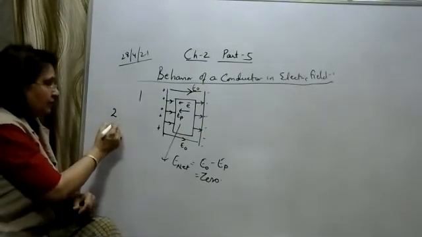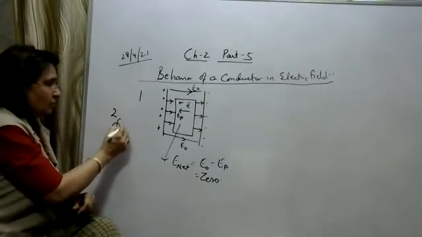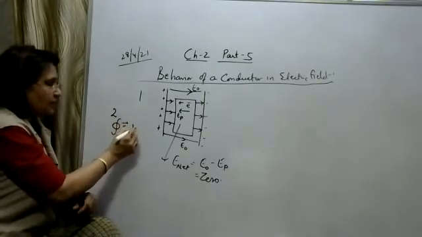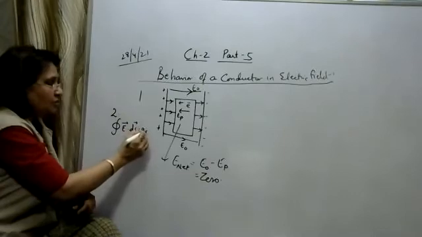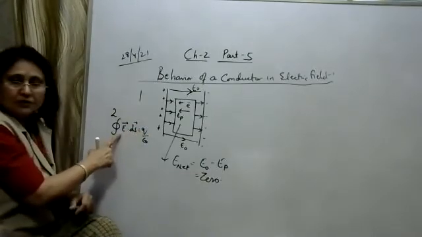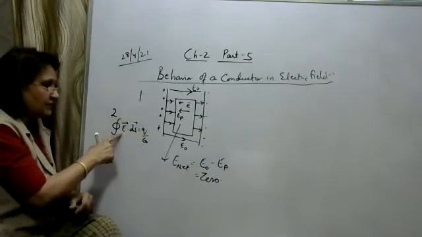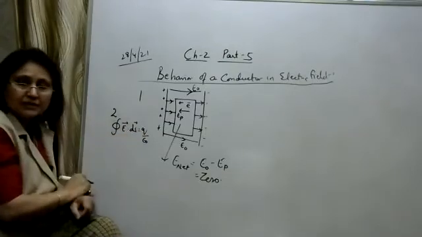We know that according to Gauss law, the closed surface integral of E dot ds is equal to Q upon epsilon naught. The net electric field inside is 0, so Q inside is 0.